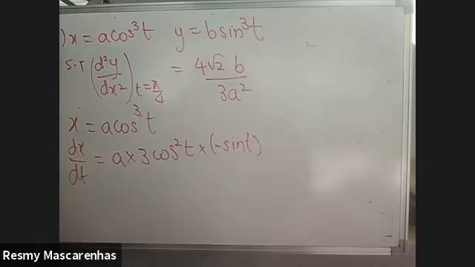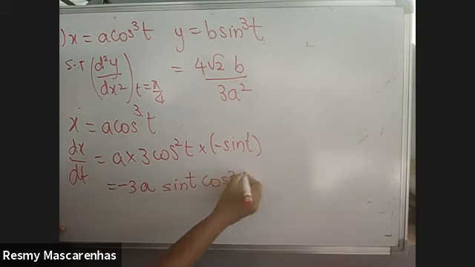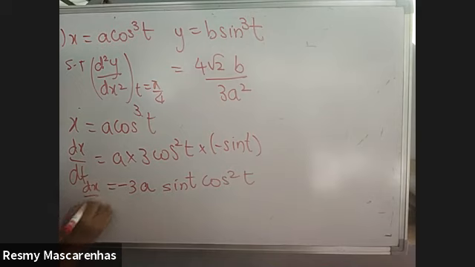So this will be dx upon dt equals minus 3a sin t cos square t. I just arranged this. Minus I brought first, sin t I wrote first. Whichever we write doesn't matter. Okay, so this is dx upon dt.